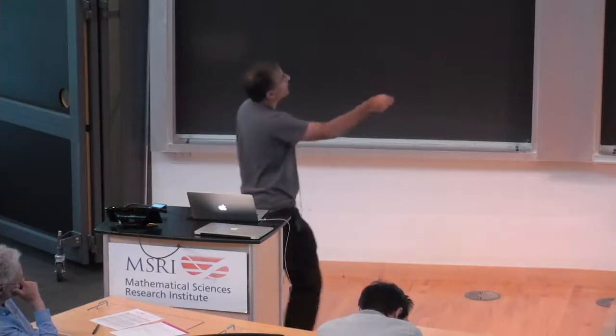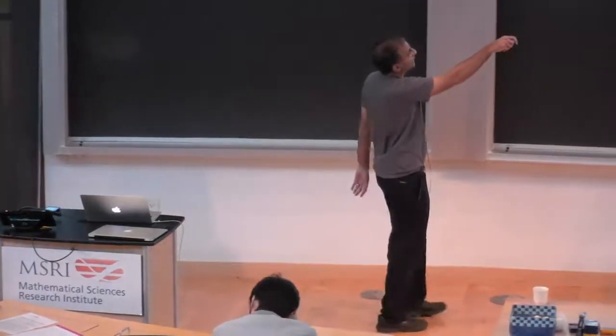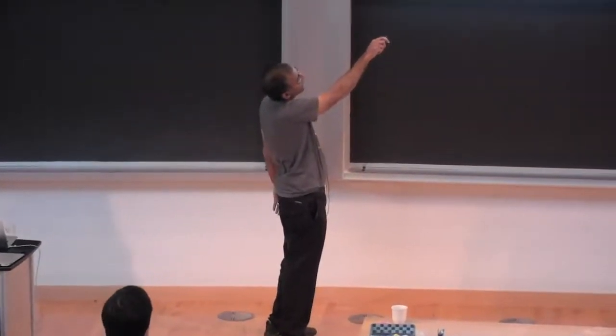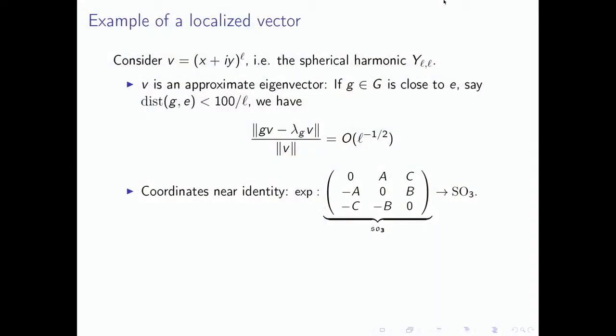All right, I'm just going to reformulate this in a way that allows me to track exactly what this number is. So for that, I use some coordinates near the identity. The exponential of a skew-symmetric matrix is a rotation matrix, because skew-symmetric matrices are the Lie algebra of rotation matrices.